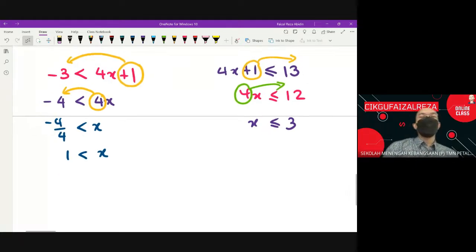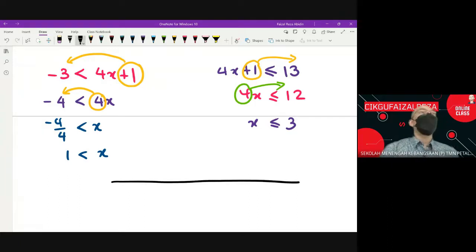So if you look over here, we are going to combine both of the inequalities. I'm going to draw my number line. 0. Oh sorry, we're not going to start with 0 there. 0 is here, because we have 1.